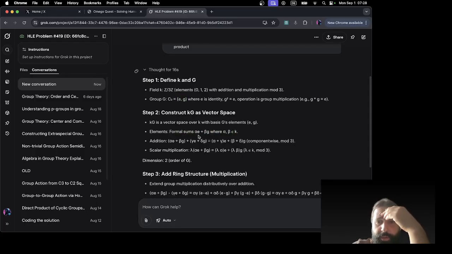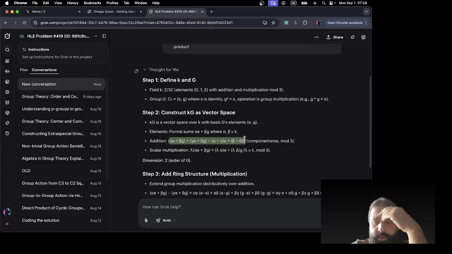So the elements are the formal sums alpha E plus beta G, where alpha and beta belong to K. And if you have two of these elements, they sum.